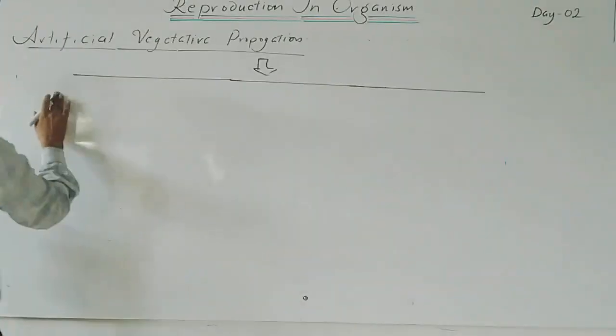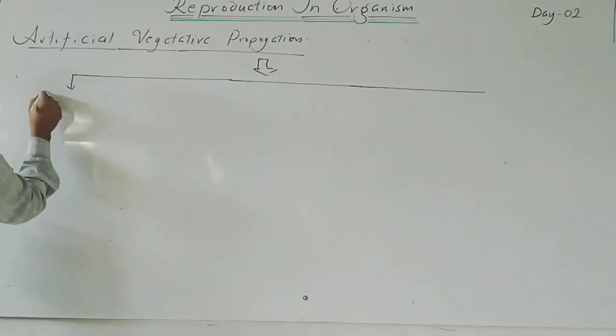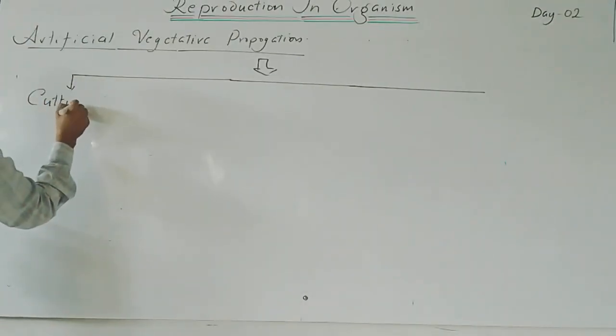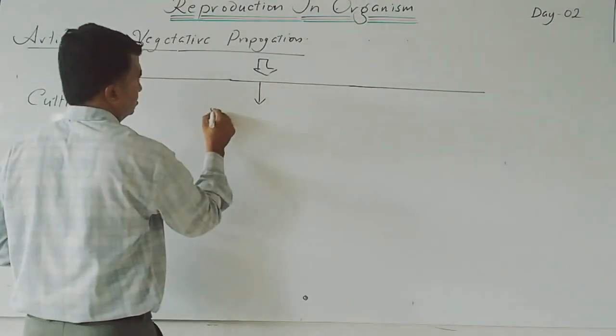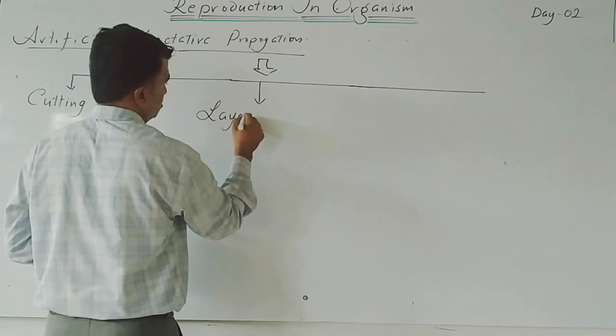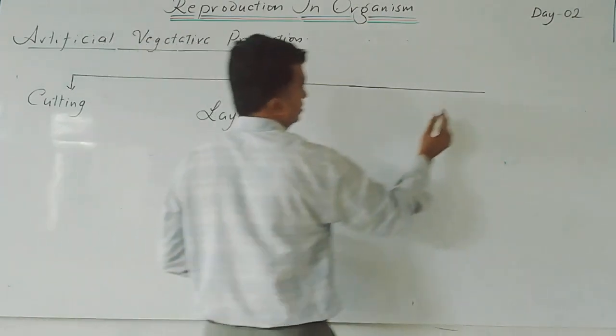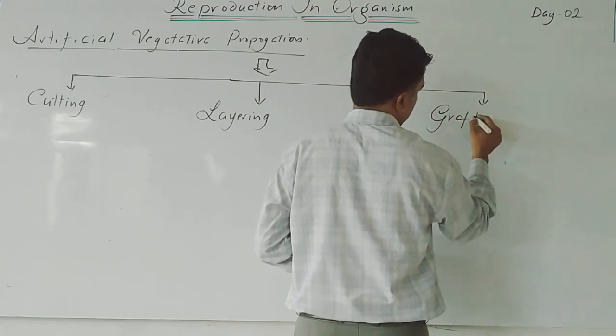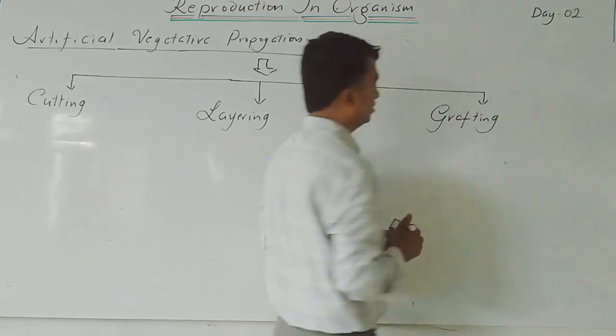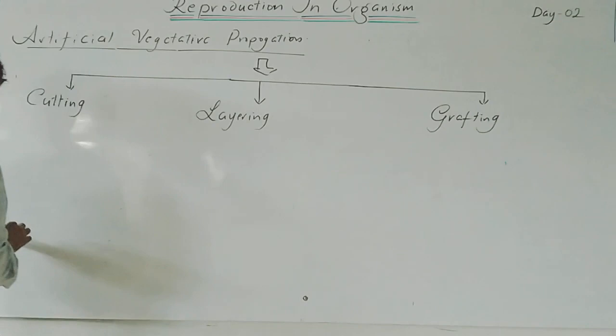First one is cutting. Second one is layering. Third one is grafting. So three subheadings are there.